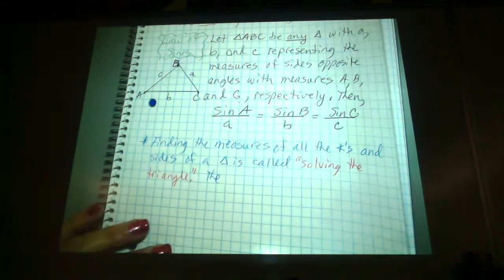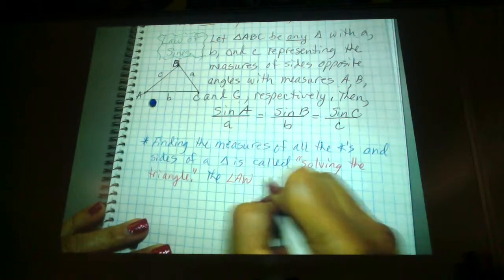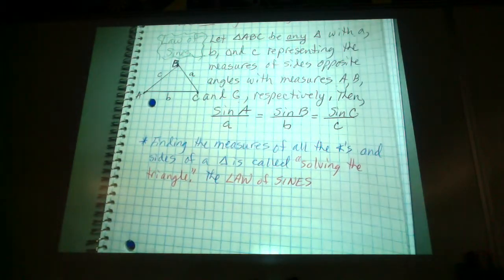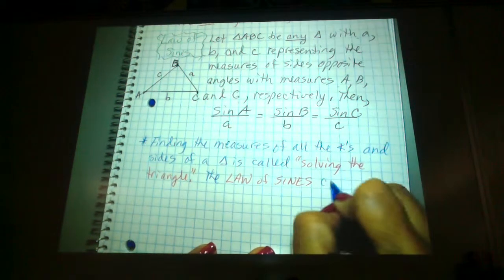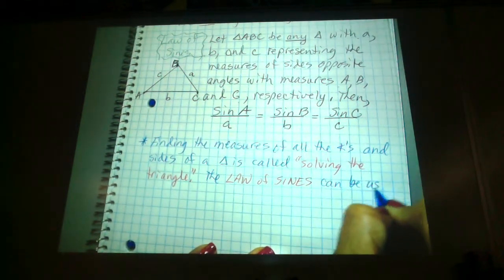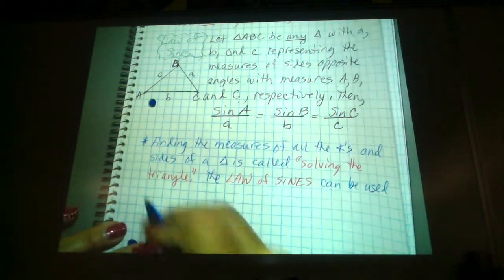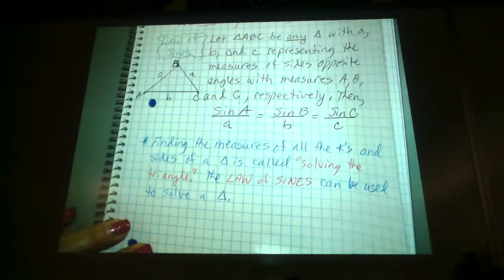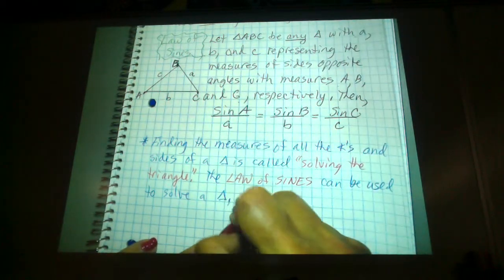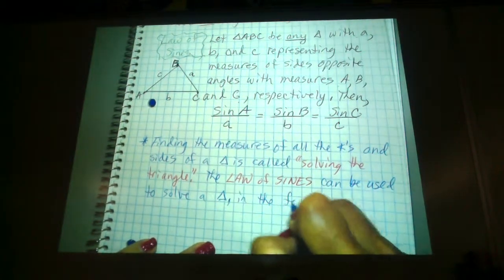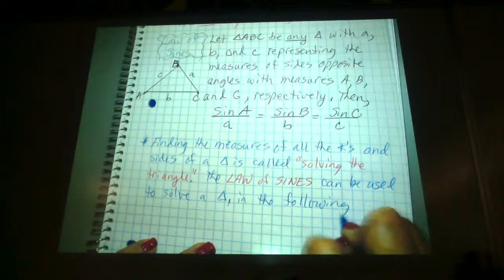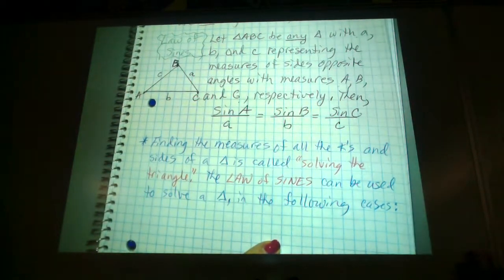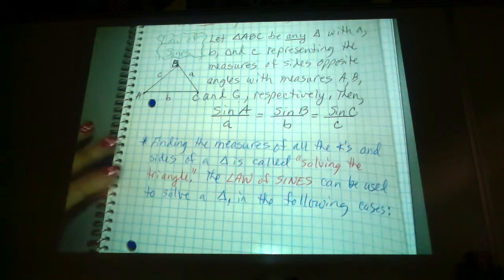The law of sines can be used to solve a triangle in the following cases. So there are 2 cases where we might use the law of sines.